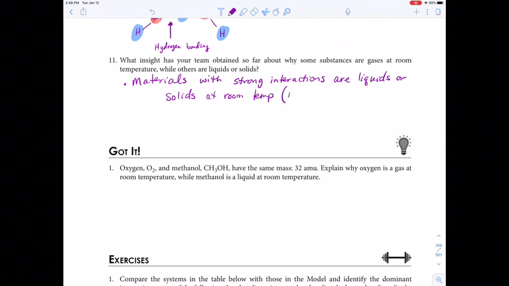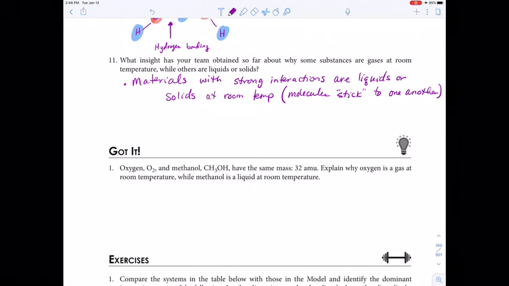And that's because the molecules stick to one another. Remember, strong intermolecular attractions means the molecules are sticky. And quite literally, when you spill a sugary drink on the floor and your shoes kind of stick to it when you walk by, it's because they're forming intermolecular attractions with the sugar, which is full of hydrogen bonding locations on the floor. So, quite literally, in the case of sugar water on the floor, it's sticky.